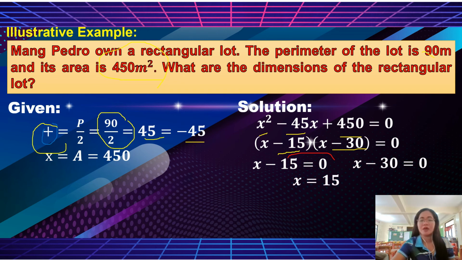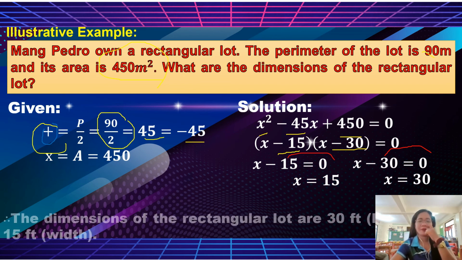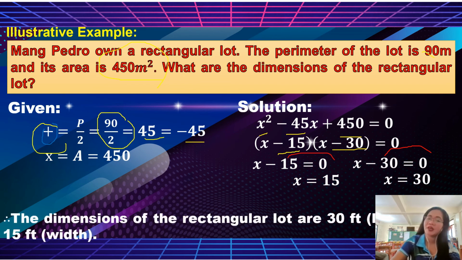That's why it becomes positive 15. And this negative 30 to the other side, and that is 30. Therefore, the dimensions of the rectangular lot are 30 feet, which is our length, and 15 feet, which is our width.